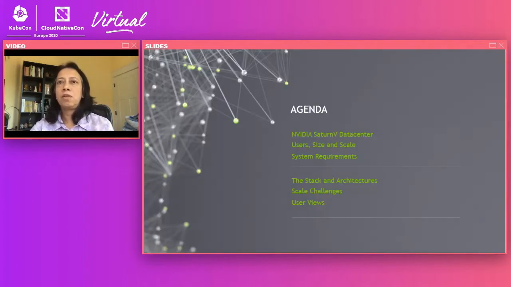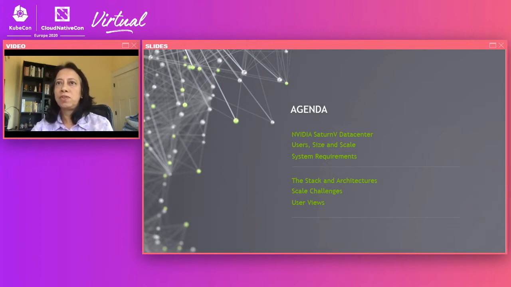For our agenda today, we will first look at what the Saturn V data center is. Then we will review the various users we have to support for observability. We will look at the size and the scale of the data center and the requirements that come out of that.